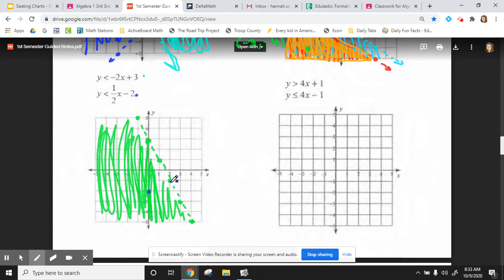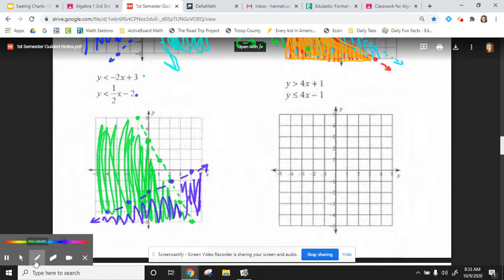We go up 1/2, up 1/2. Okay, this is also a dotted line. And it's less than, so we shade down. So your solution is where both of these are shaded, where it crosses. So your solution is going to be in this area.